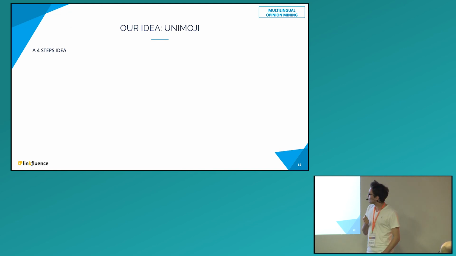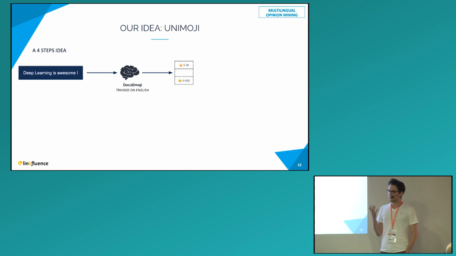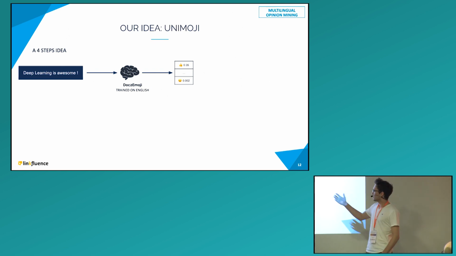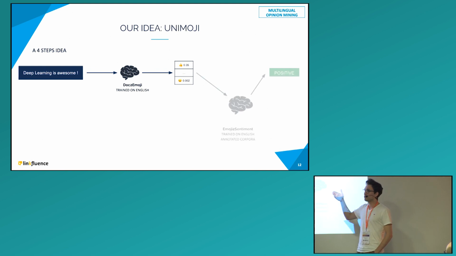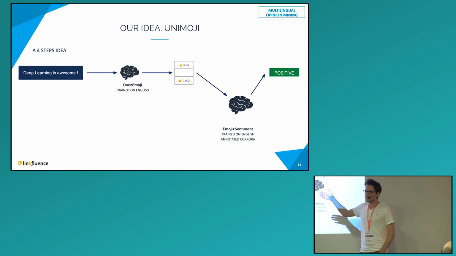to resolve our challenges. So first, let's imagine that you can, given a text, develop a model that will output an emoji probability distribution based on the content of the text. So this is exactly the Deepmoji pre-training phase. But let's consider that we can put a model that is computationally cheaper.